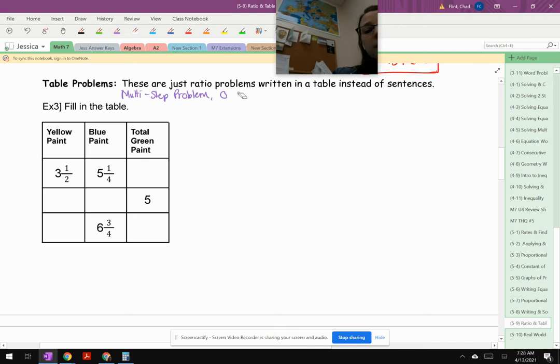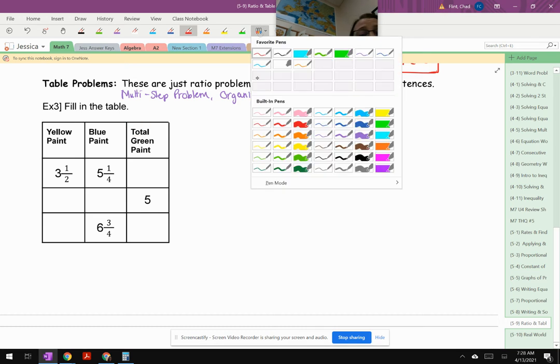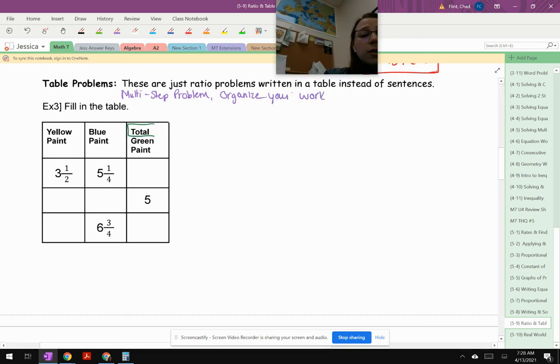That is not organized. We're going to try that again. Organize your work. And again, remember, you can add 2 parts to get a total. In this problem, I'm talking about yellow paint and blue paint and getting a total green paint. I guess it would be more appropriate to do total green paint.